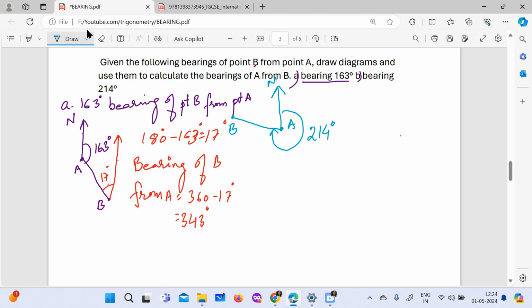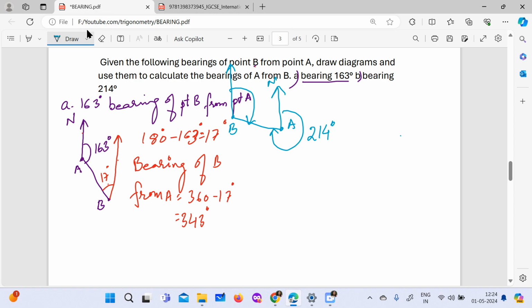Yeah, and we will draw the north of B here as well. So your question is, what is the bearing of A from B? Means it is asking for this measure. So how can we do this?